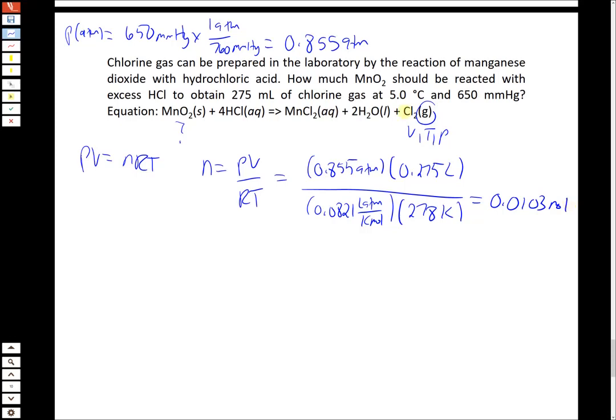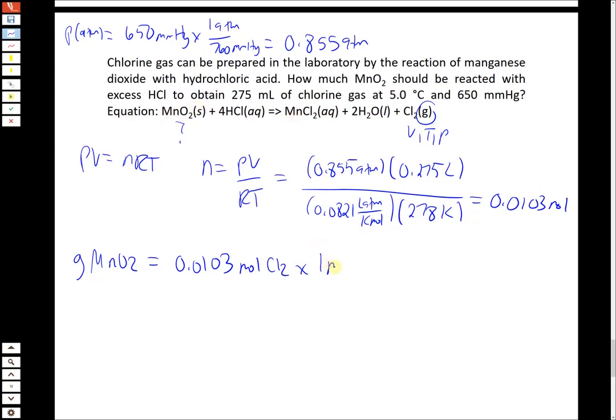So we know how much product is formed. Now we're just trying to figure out how much MnO2 we need to form that much product. So it becomes a stoichiometry problem. I believe the answers we were looking for were in grams of manganese oxide. So we're looking for the grams of MnO2. We're forming 0.0103 moles of Cl2, and using stoichiometry, we know that the coefficients for both of those are 1.